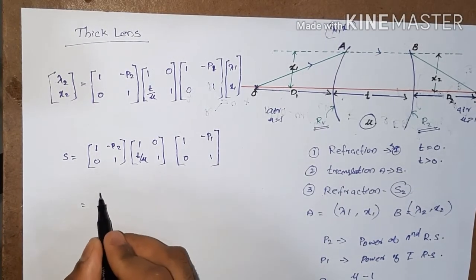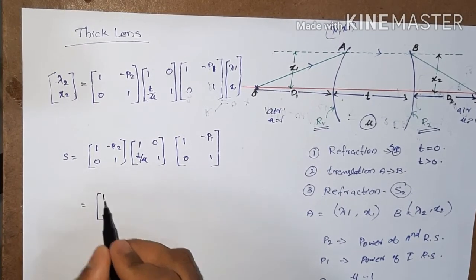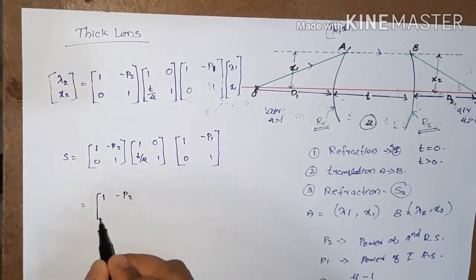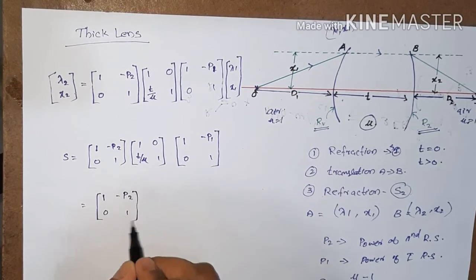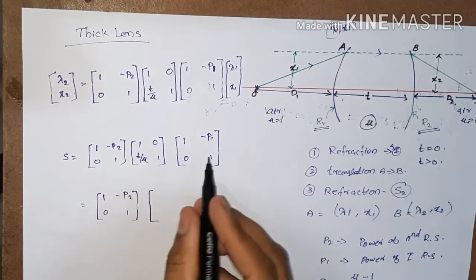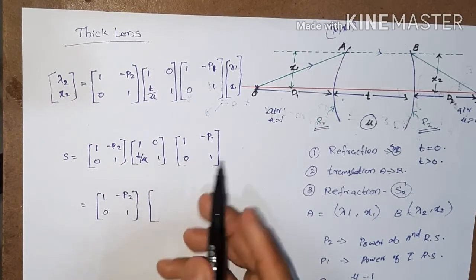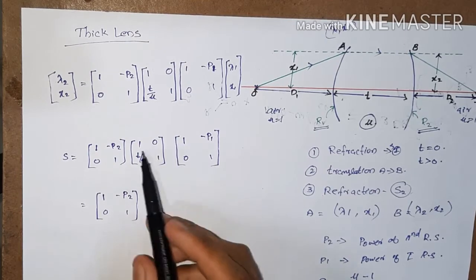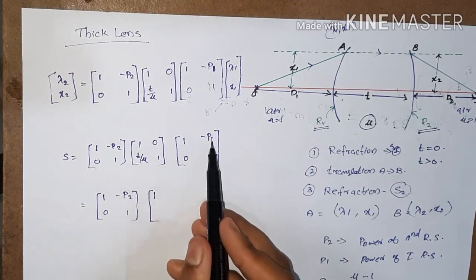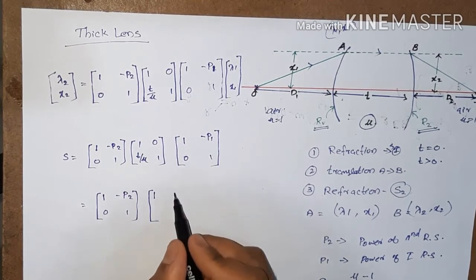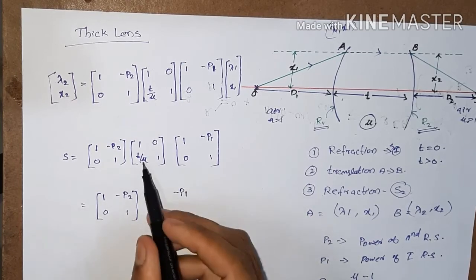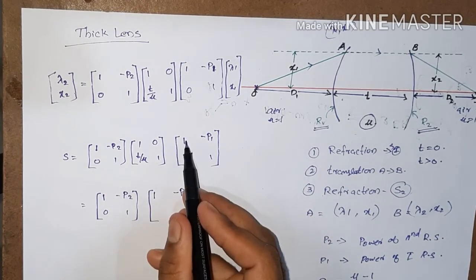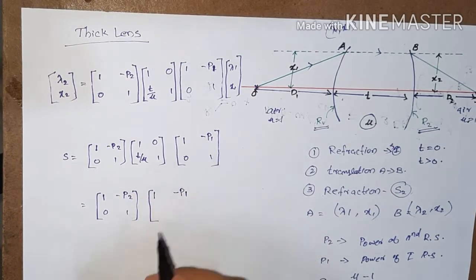If we multiply these matrices, we will get [1, -P2; 0, 1] times the product of the last two. Multiplying these two matrices, 1 into 1 is 1, 0 into 0 is 0, 1 plus 0 is 1 itself, and 1 into minus P1 is minus P1 plus 0, so minus P1. Again 1 into T/mu plus 1 into 0 is T/mu.